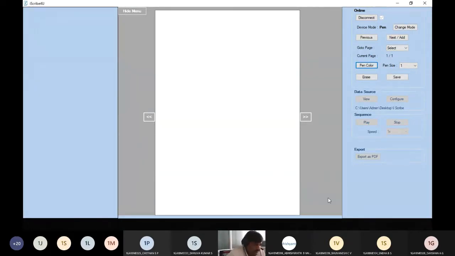Now let me write this concept, joints. As I was saying, we have seen two types of joints: couplings and welded joints. That is what we have studied.